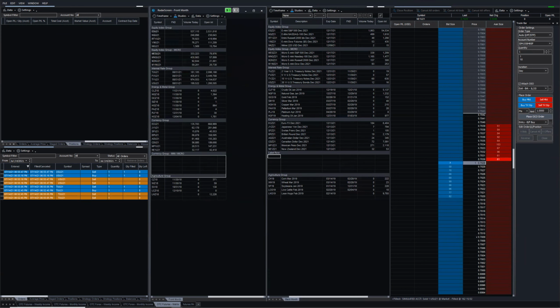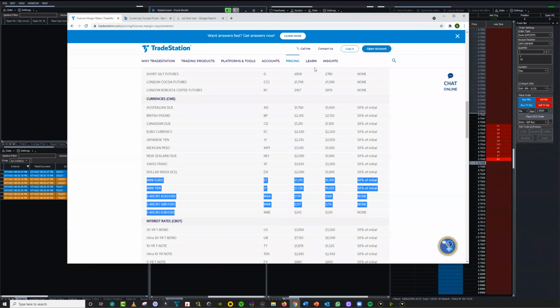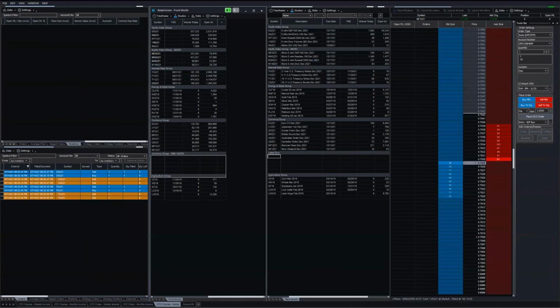So I put this on the right side of my screen so you don't see it, but I tell you the symbols. So the mini euro is E7. So here it's just a derivative basically. So it's going to be all the same contract letters and month, obviously, right?